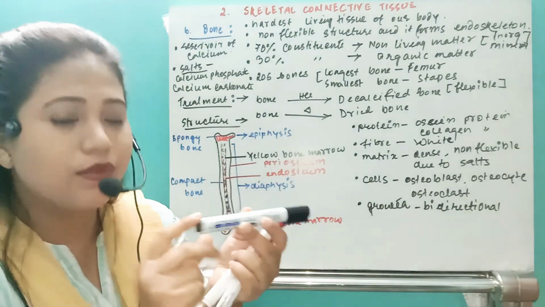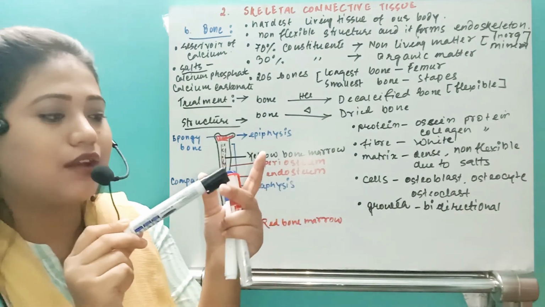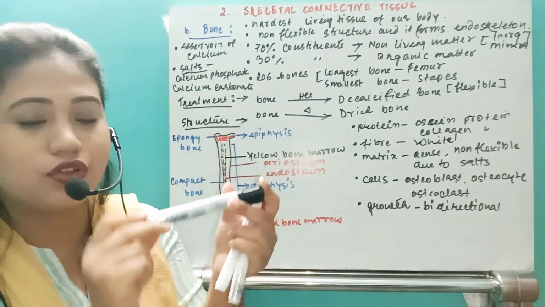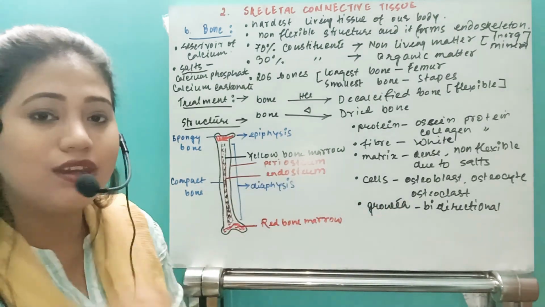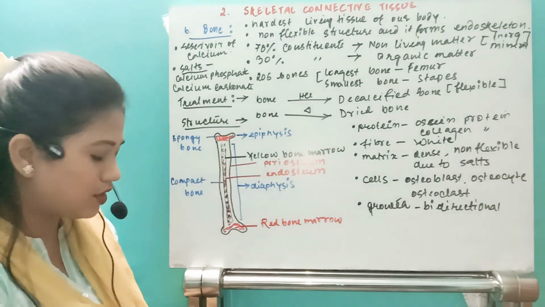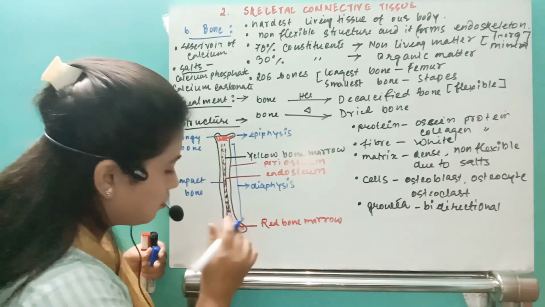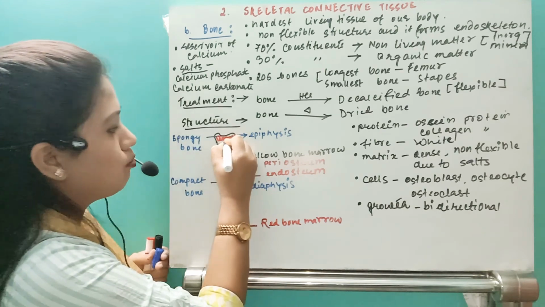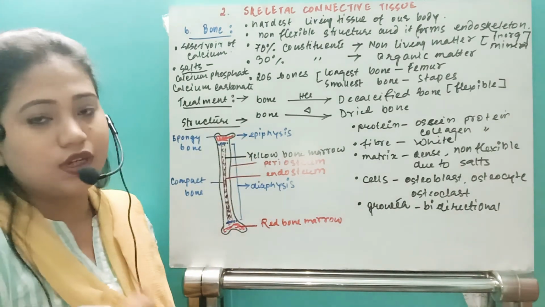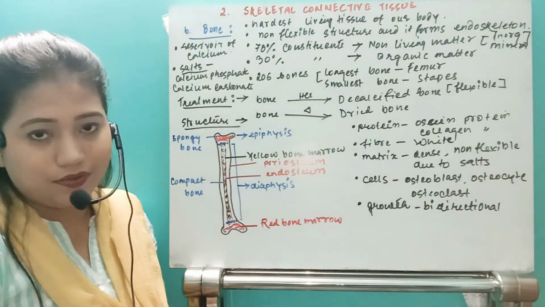But if it comes to the bone, then from this region and from this region, from both these two regions, the bone can grow. And in which region can the bone actually grow? That will be this region. So this is the region where the bone can grow, in between the epiphysis and diaphysis.